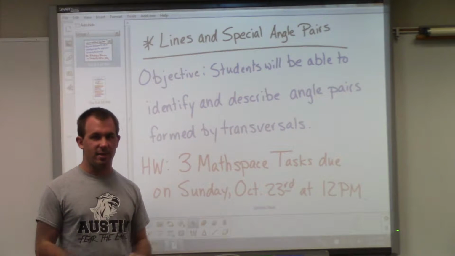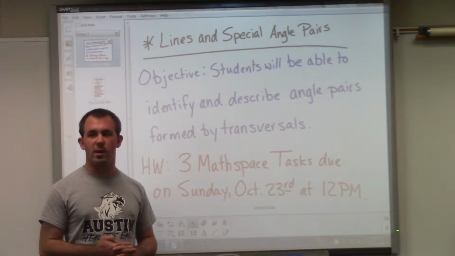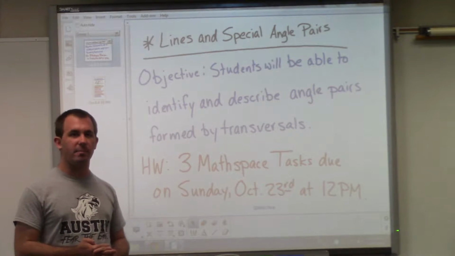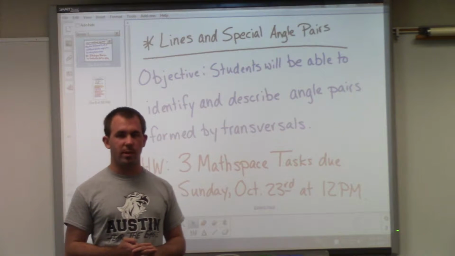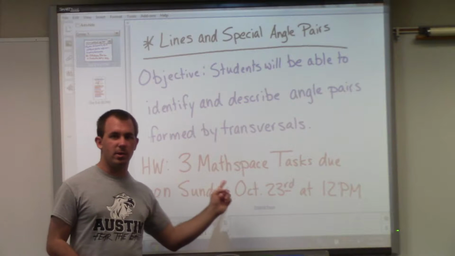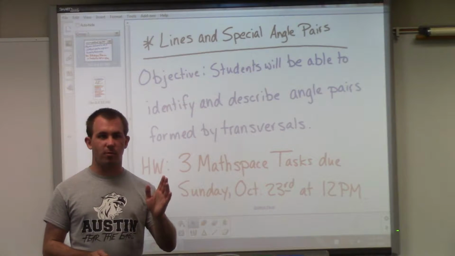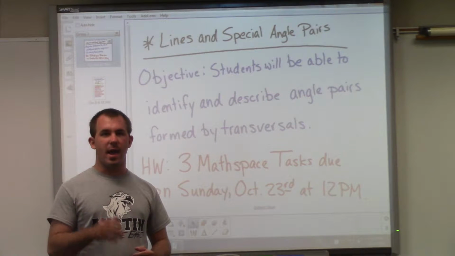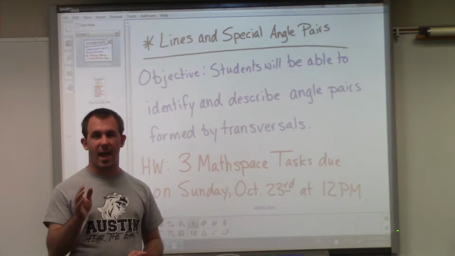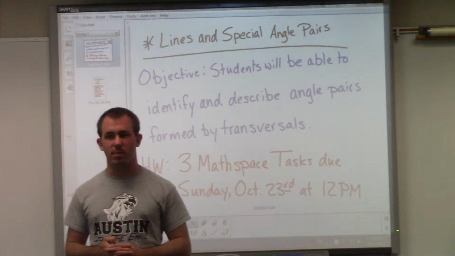next Friday, October 21st, you will take a quiz on MathSpace. It consists of 20 questions, and it's about the topics that you will be doing for MathSpace homework. You will have from Friday at 8 a.m. until Sunday, October 23rd at noon, to get that quiz completed.